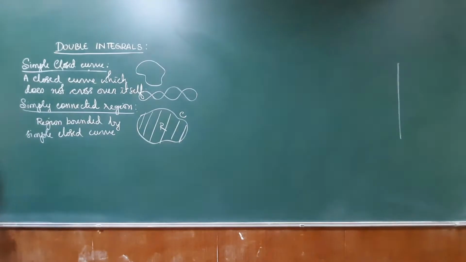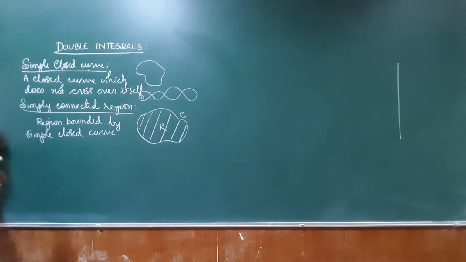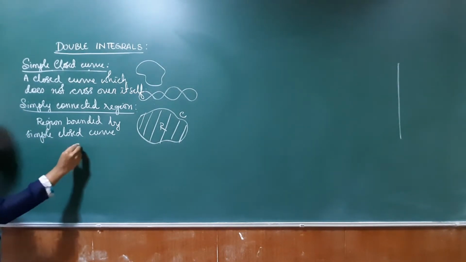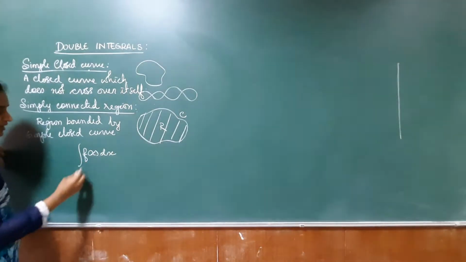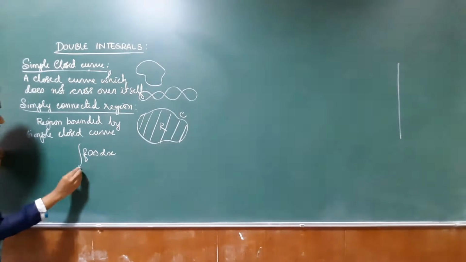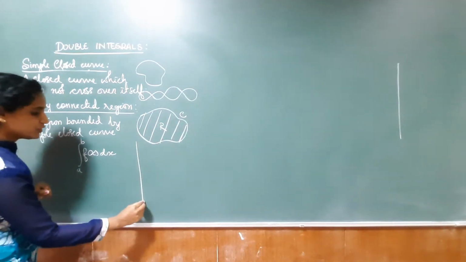Now I will come back to our single integrals. Whenever we studied single integral, that means in one variable, we usually write it as integral of f of x dx, if x is my independent variable, say from some limit a to b. So how does this integration look like?